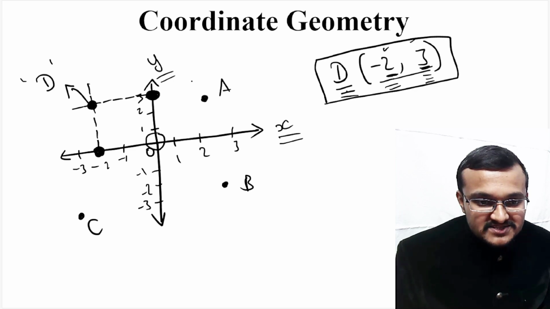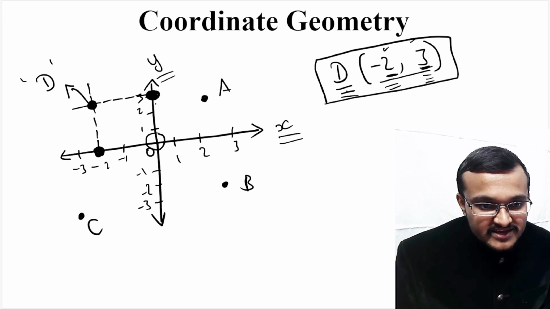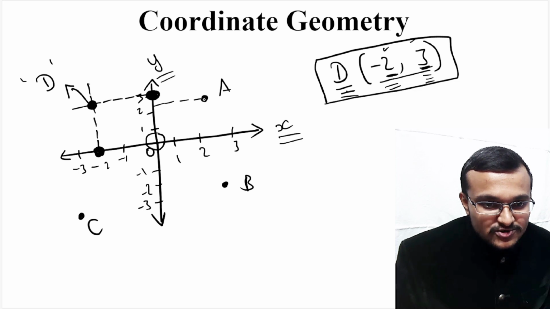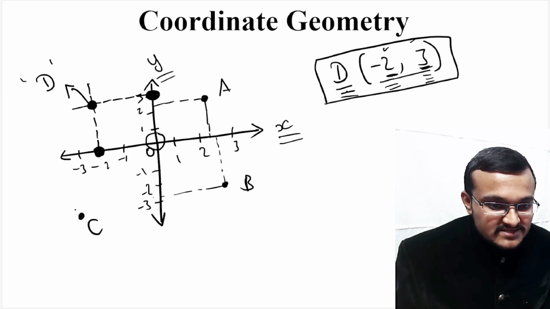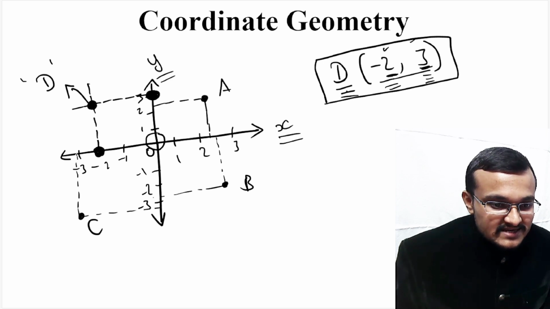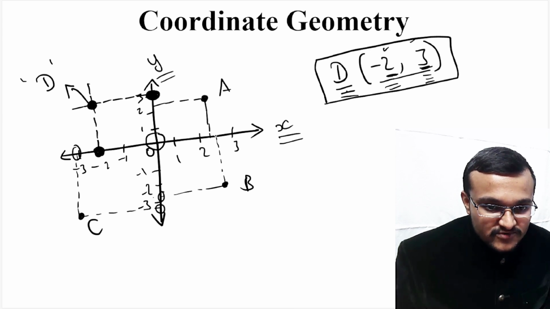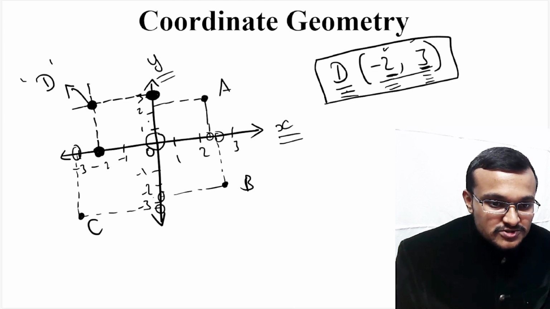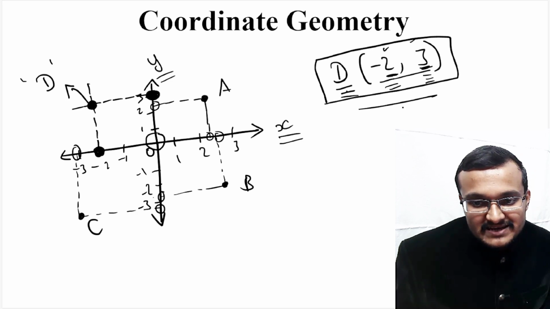So here in this Cartesian system, if you want to find the position of A, draw a perpendicular line to the y-axis and also a perpendicular line to the x-axis. Also from B you can draw perpendicular lines to the x and y axes, and also from C, and whatever points you get on the x and y axes for those respective points, you can just name them like this.